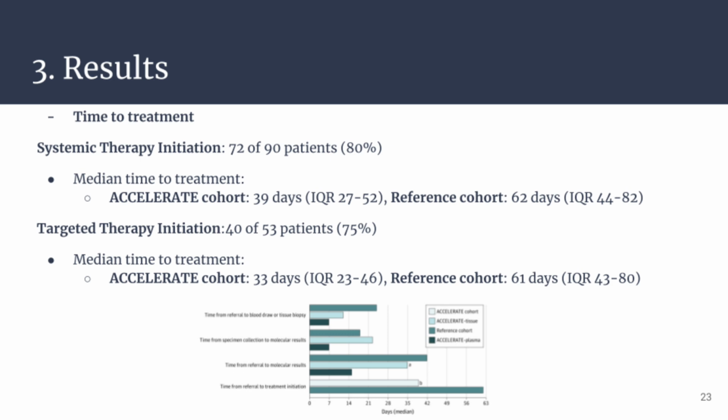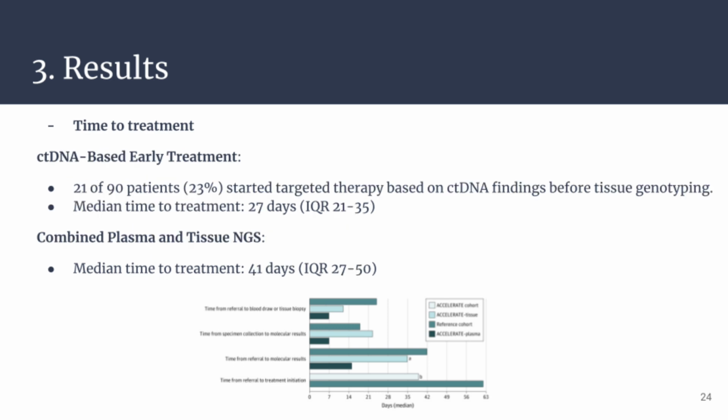For those with actionable alterations, 75% began targeted therapy, with a median time to treatment of 33 days in the accelerated cohort versus 61 days in the reference cohort. Additionally, 23% of patients initiated targeted therapy based on ctDNA findings before tissue results, with a median time of 27 days. Combining plasma and tissue NGS results, the median time to treatment was 41 days.